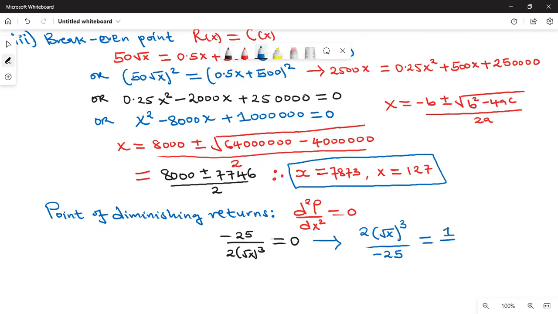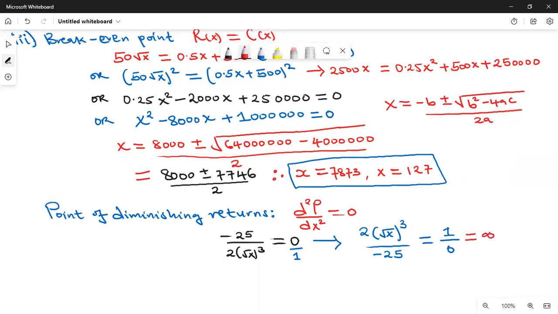What have I done? I have taken the reciprocal on both sides of this equation. You see, you cannot find, because 1 over 0 is infinity. So this one here is infinity.